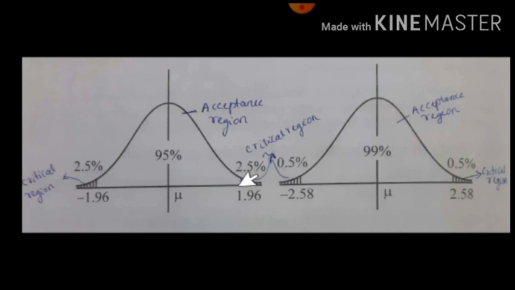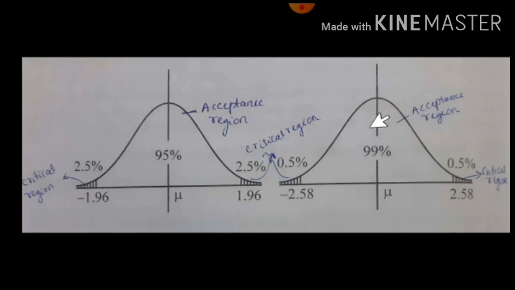Correct? If you remember all the definitions using this normal graph, it will be easy for you to remember them. And what is the confidence interval? The mu value lies between minus 1.96 to plus 1.96 for 95%. This 95% region is where we accept the hypothesis, so it is called the acceptance region.